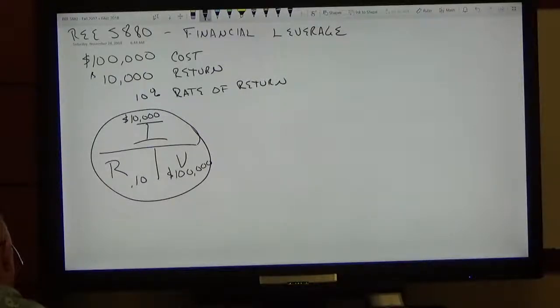I'm just trying to present it a couple of different ways. Now this would be an example of a very simple, unleveraged rate of return, meaning you're putting in the full $100,000 as cash out of your back pocket. You're not borrowing any money from anyone. Is everybody clear with that?